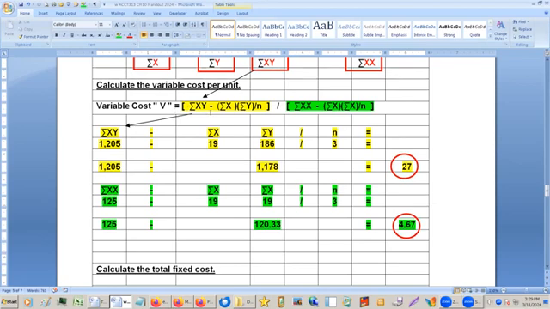Okay, so this equation will look like this. This is going to be the numerator, this is going to be the denominator, so it'll be 27 divided by 4.67 equals some number. $5.78. So this is our variable cost per unit.